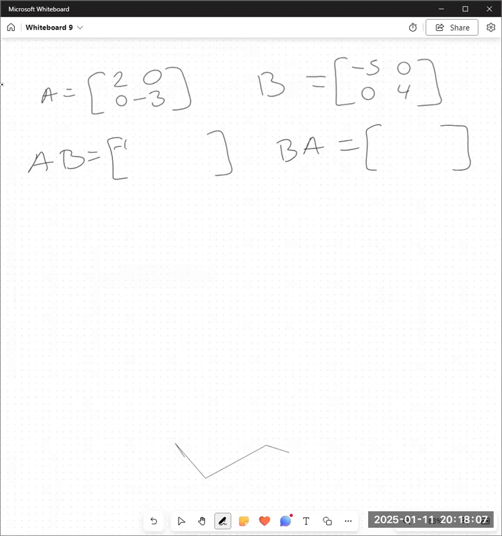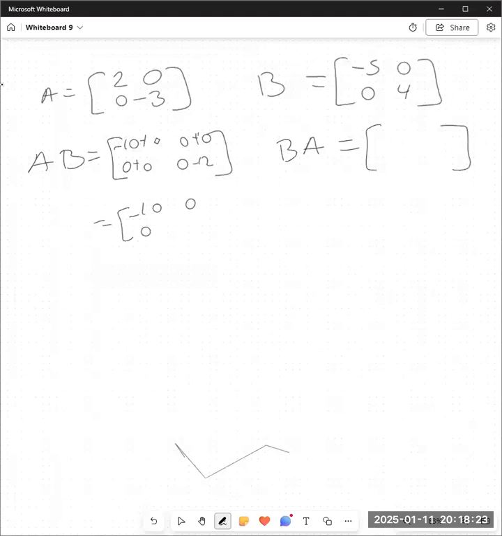So we have first row, first column here. We have -10 plus 0. Then we have 0 plus 0. Then we have 0 plus 0, and 0 minus 12 will give us [-10, 0; 0, -12].